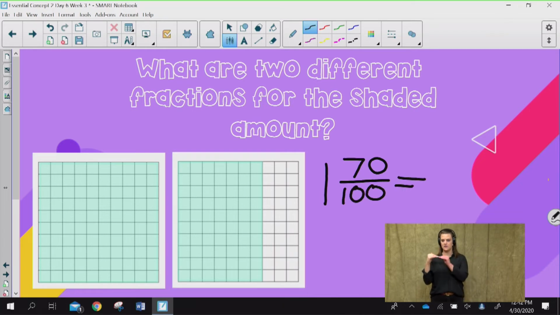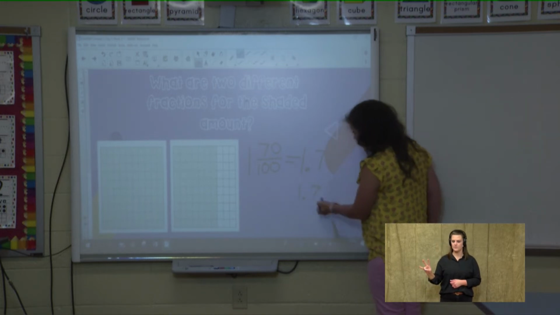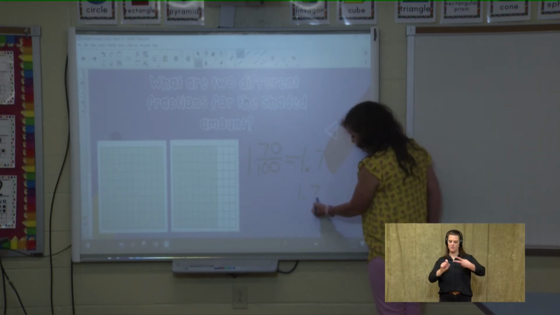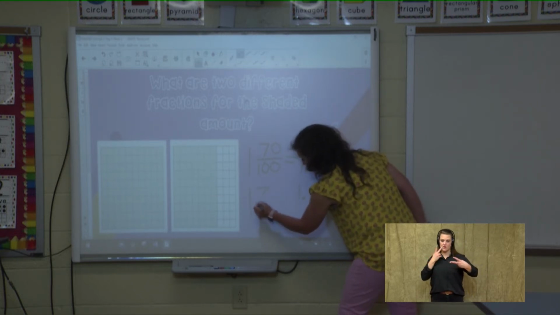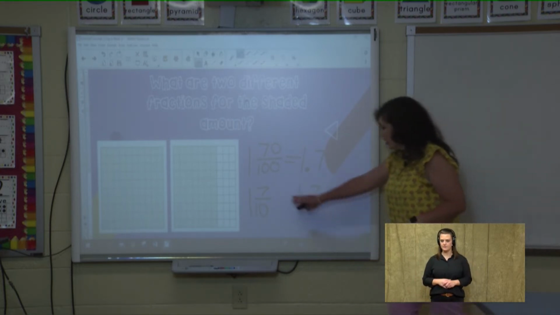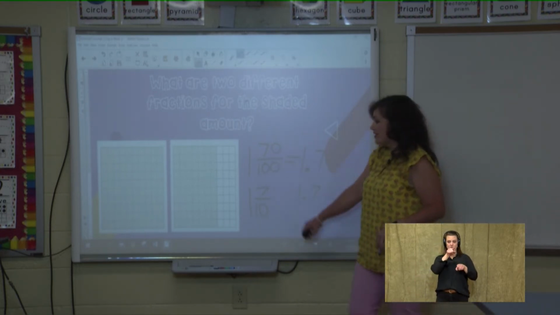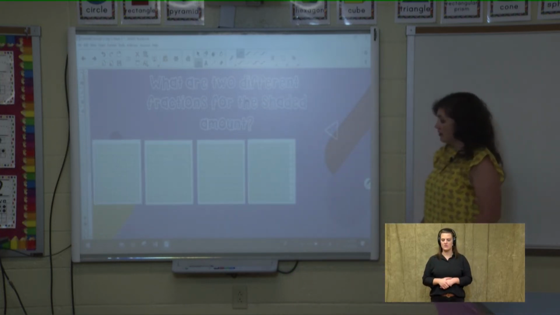So for my decimal, I would write 1, my decimal point, and that's 1 whole, and 70 hundredths, or 1 and 7 tenths. And remember, my fraction that would match this would look like this, 1 and 7 tenths. But we know that both of these have the same value, the same amount.